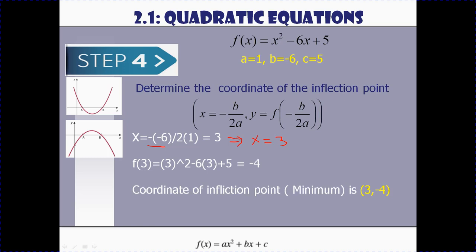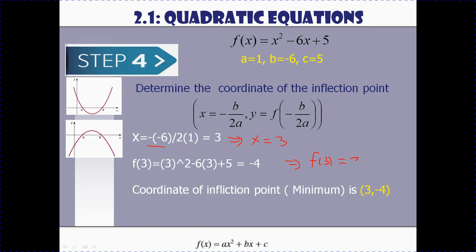In order to find y, we have to substitute x, or find f of 3. Now f of 3 equals 3 squared plus minus 6 times 3 plus 5.